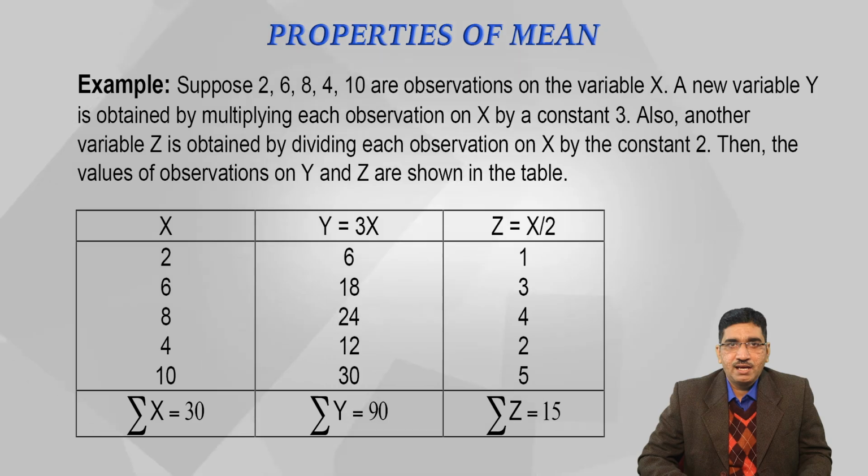If we obtain again a new variable z by dividing all the values of the x variable by 2, then the new values of the variable will become 1, 3, 4, 2 and 5 and the sum of all the z values is 15.